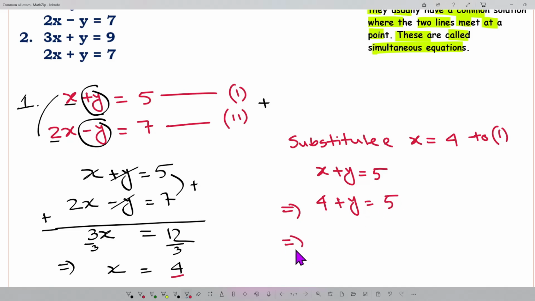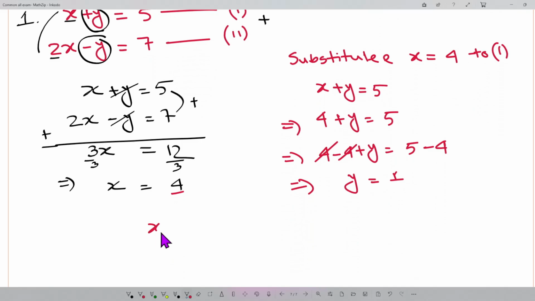Now we subtract 4 from both sides: 4 minus 4 plus y equals 5 minus 4. So the 4 and minus 4 cancel out. Here y equals 5 minus 4, which is 1. So finally we get x equals 4 and y equals 1.